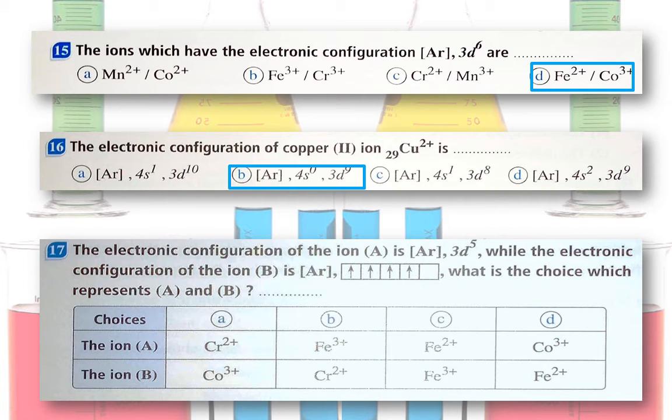Here we have a half-filled d sublevel, and another one contains 4 electrons. It means that ion A will be iron +3, and the other one will be chromium +2, or oxidation number 2.